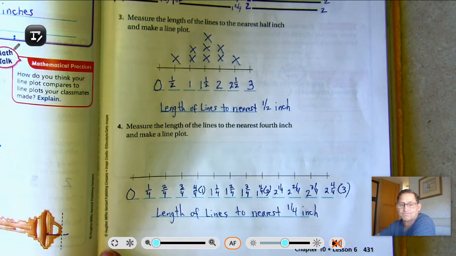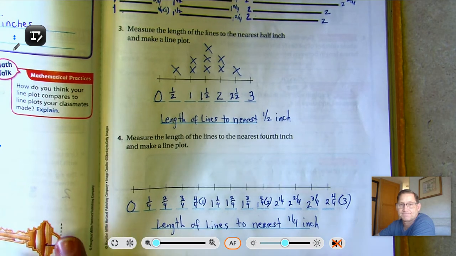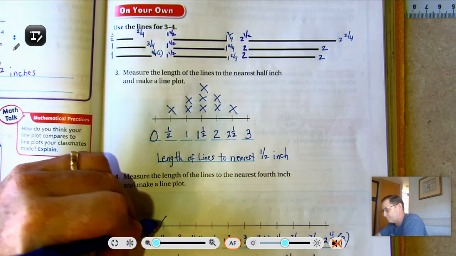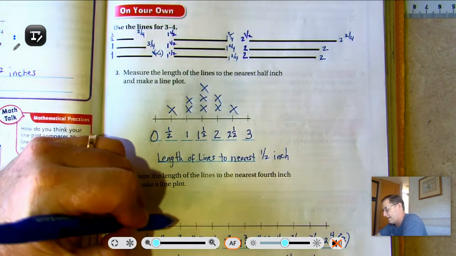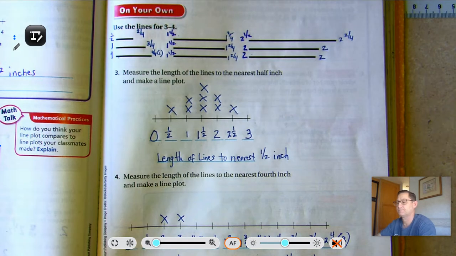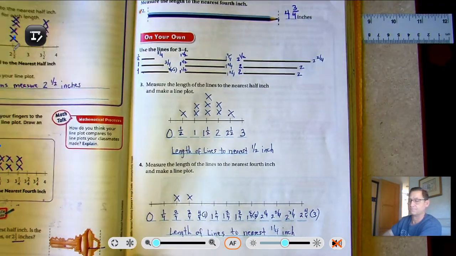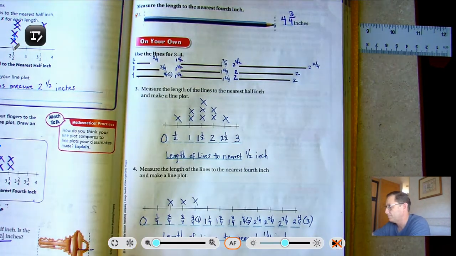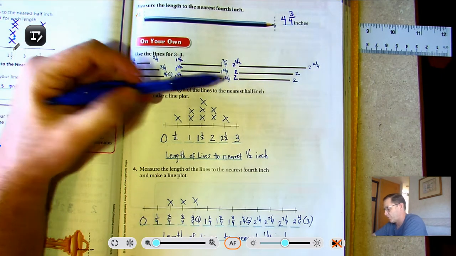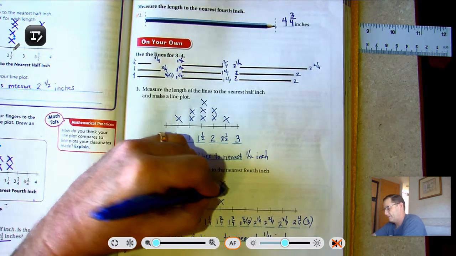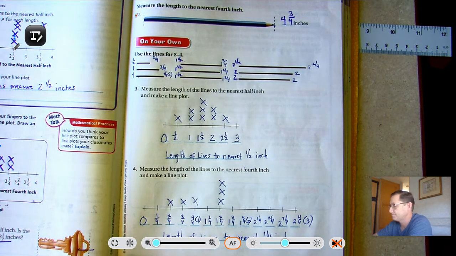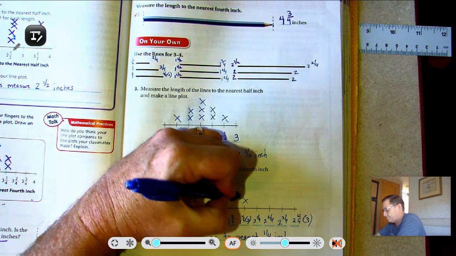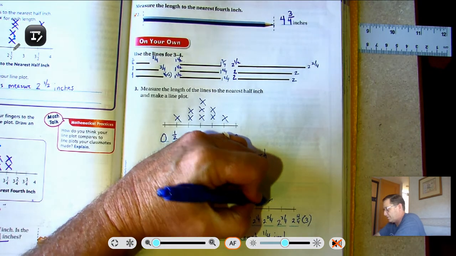All right, so which of our lines, let's see, we have one line that's 2/4, we have one line that's 3/4, we have one line that's 4/4 or 1 whole, we have 1, 2, 3 that are 1 and 2/4, we have 2 that are at 2, and we had 1 that was 2 and 2/4.